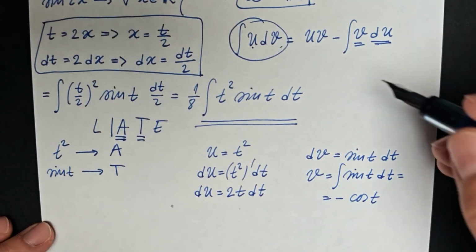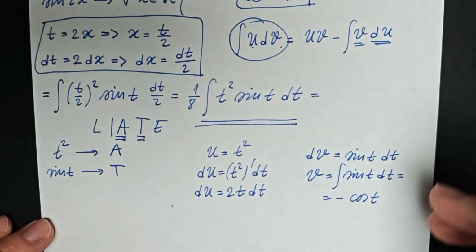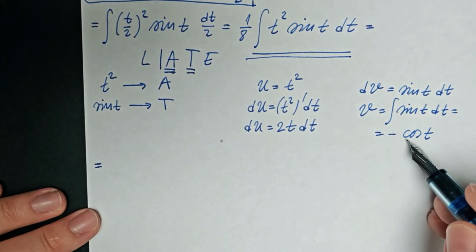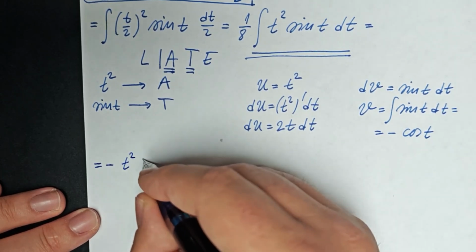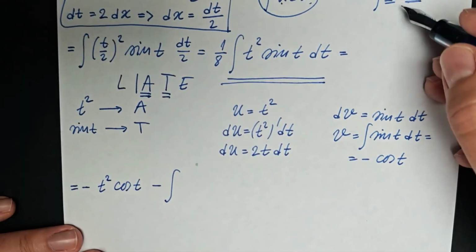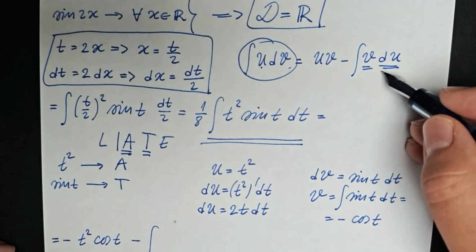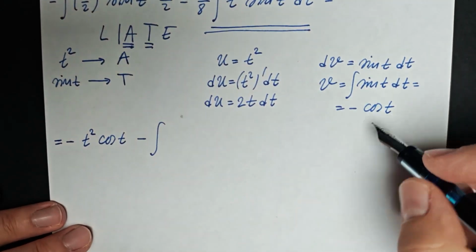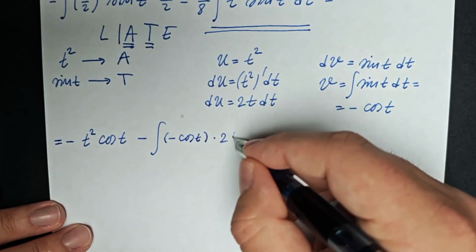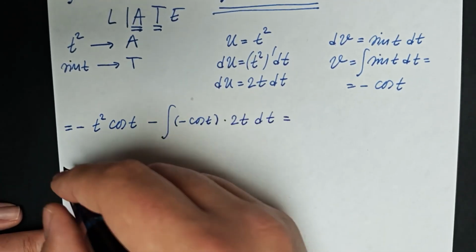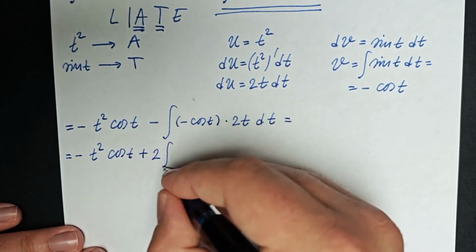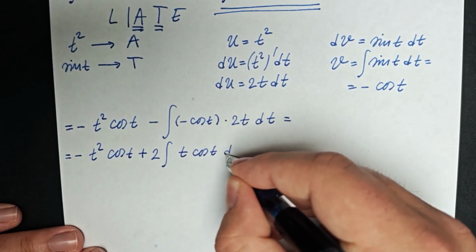When we return all of this into our formula for integration by parts, we get that this is equal to u multiplied by v, which is negative t squared cosine of t, minus the integral of v multiplied by du. So v is negative cosine of t multiplied by du, that is 2t dt. And that is negative t squared cosine of t plus 2 integral of t cosine of t dt.